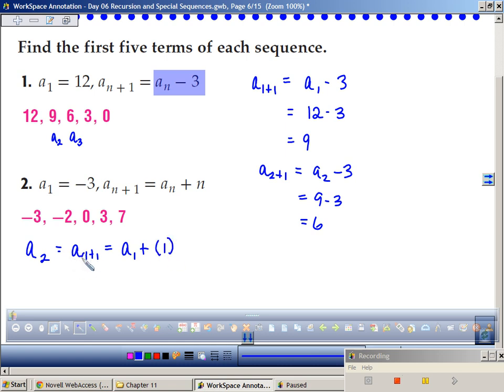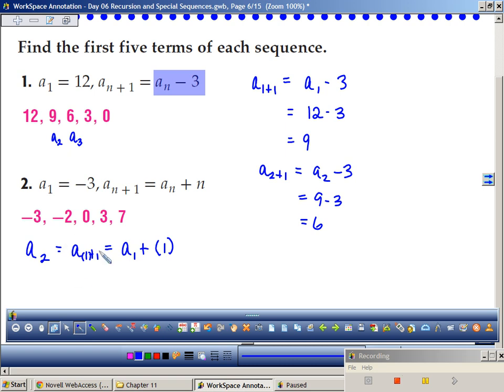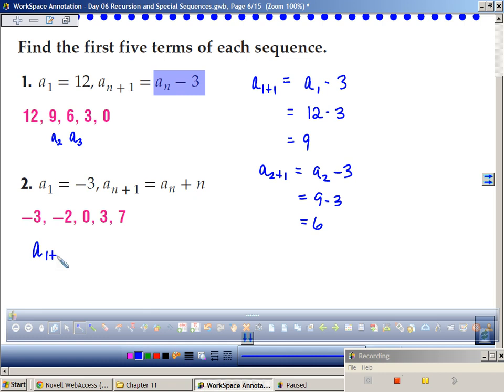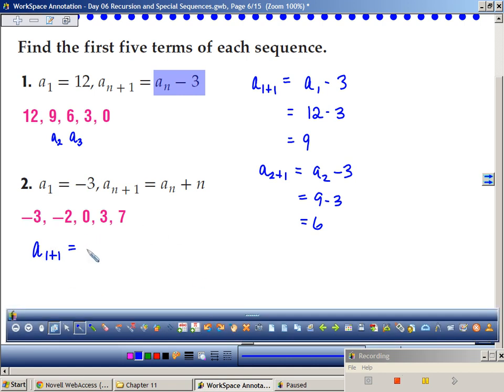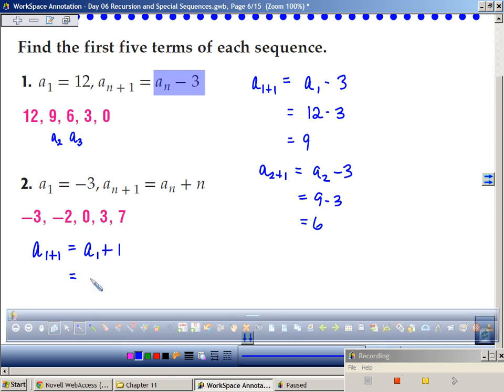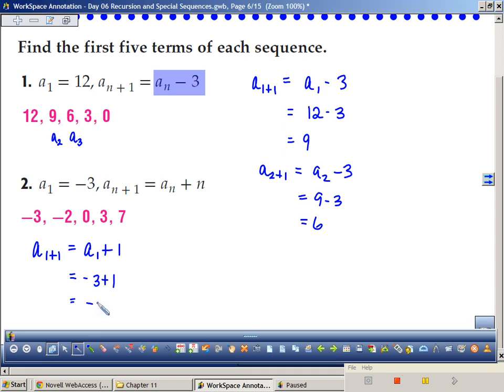Does it help if I put parentheses right here? Does that make sense? I think I should write it the other way I was doing it. Let's do it this way. So if I want to find a sub 1 plus 1, I need to do a sub 1 plus 1, which is, what's a sub 1? Negative 3 plus 1, which is negative 2.